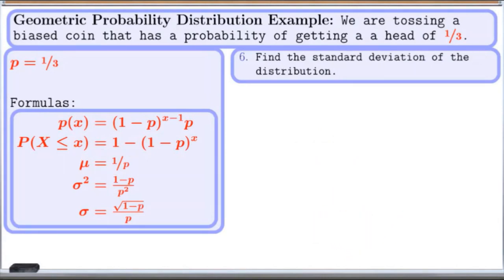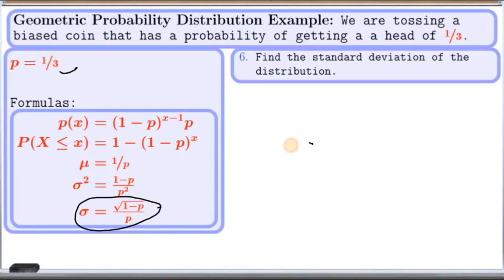Let's look at the very last problem here, where we have to find the standard deviation. The formula is right here, so we can just use that formula to find the standard deviation. Since we know our P is 1 over 3, all we need to do is substitute the value of P in this formula here.